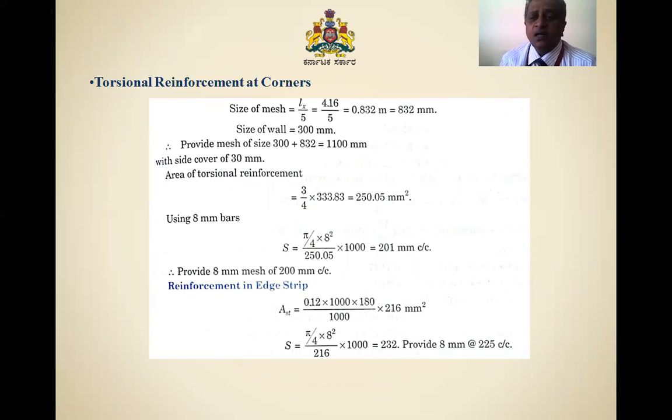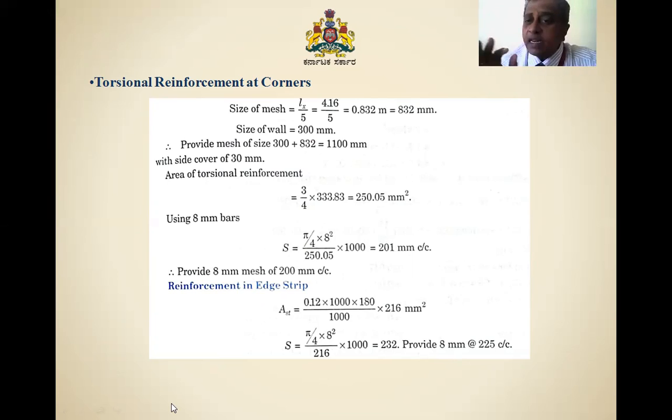Mesh size is 1/5 of the shorter dimension. Shorter dimension is 4.16 meters, so mesh size is 4.16 by 5. It is 832 mm. Size of the wall is how much? 300 mm. So taking from the edge of the wall to the mesh size, it totally works out to 1100 mm, with a side cover of 25 mm or 30 mm.